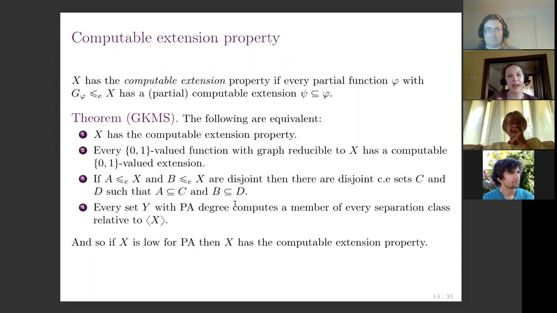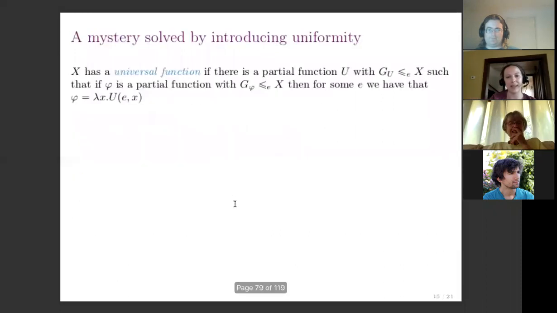But okay, so we have two of the properties in the diagram relate to two of the corresponding properties at the same positions of our previous diagram, but by just restricting to SEP-X classes. And then here comes a mystery that we didn't know how to solve for a while.